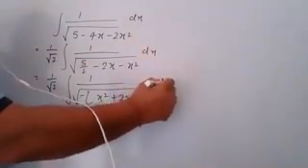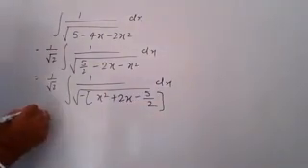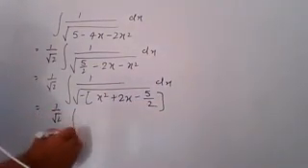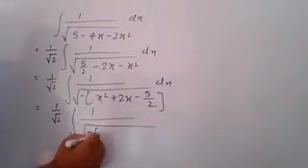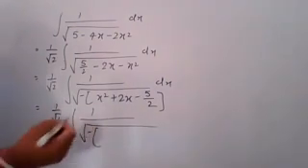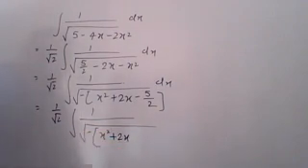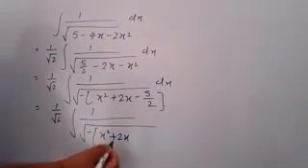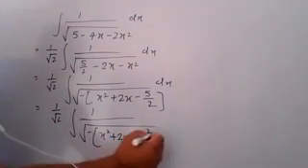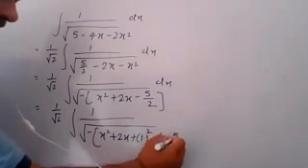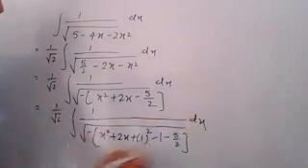Now you try to make it a perfect square. So you may write 1 by root 2 integration of 1 upon under root minus. Here you write x square plus 2x, and half the coefficient of x. Here you have 2, so its half is 1. So you square it: 1 square minus 1 minus 5 by 2, into dx.